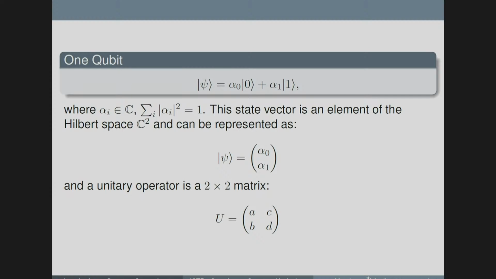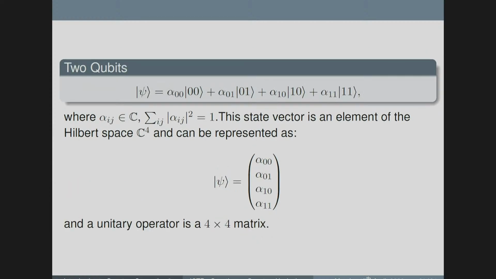So now what happens if you have 2 qubits? Well, it's getting a little bit more complex. Each of these qubits can be simultaneously in the 0 and the 1 state, so now you have 4 different states: up up, up down, down up, down down, or like 0 0, 0 1, and so on.